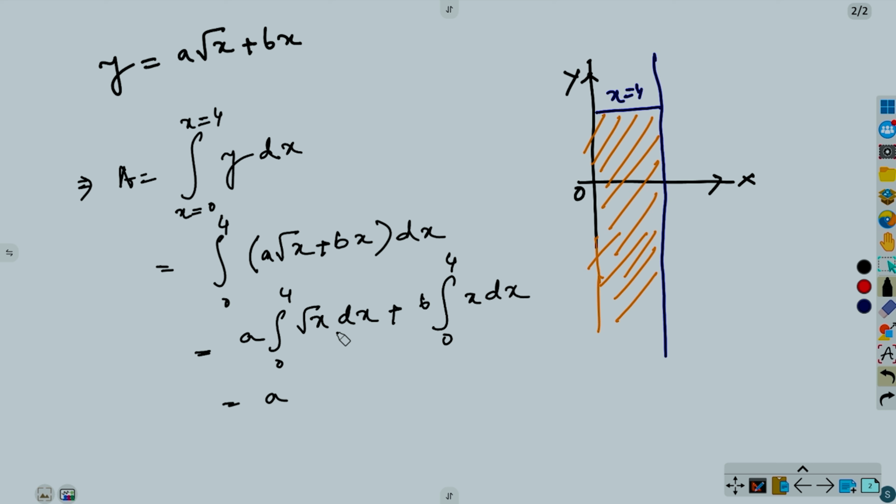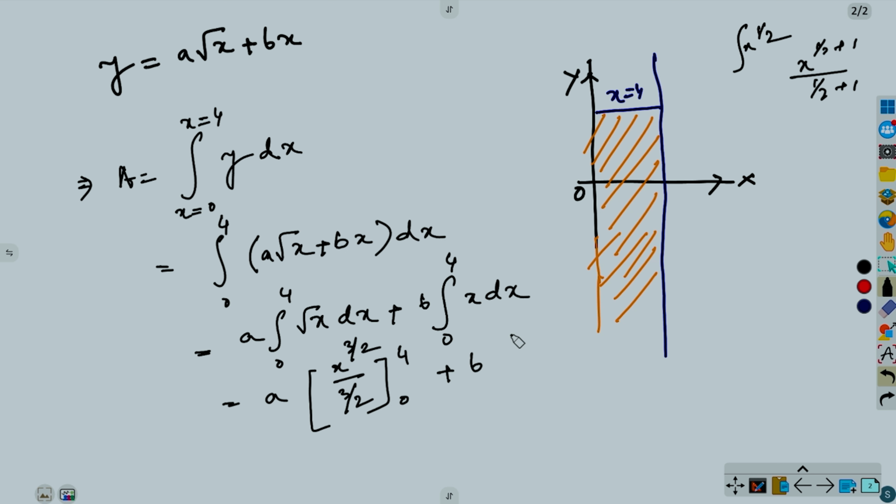What is the formula for the integral of square root of x dx? It means x to the power of half, right? And if we integrate this, it will be x to the power of half plus 1, divided by half plus 1. So this is x to the power 3 by 2 by 3 by 2 from 0 to 4, plus b times x square by 2 from 0 to 4.